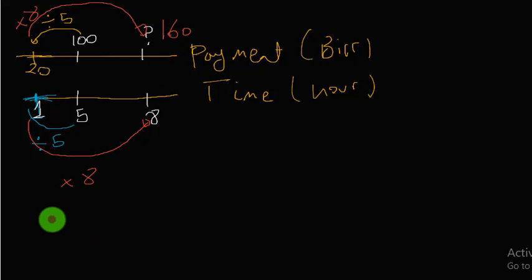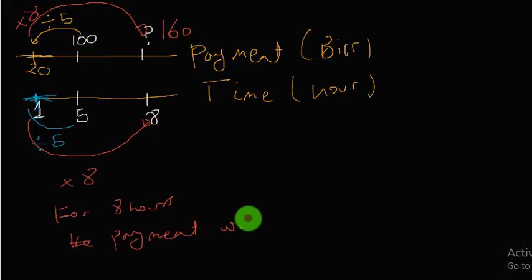Therefore, if he works for 8 hours, his payment will be 160 birr.